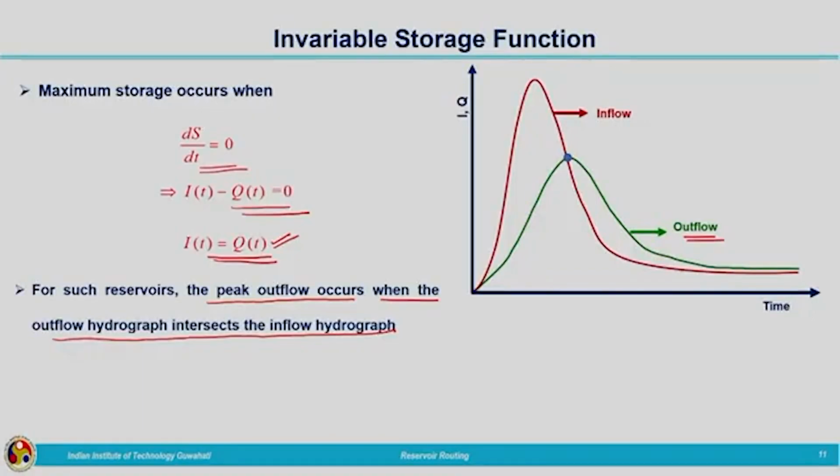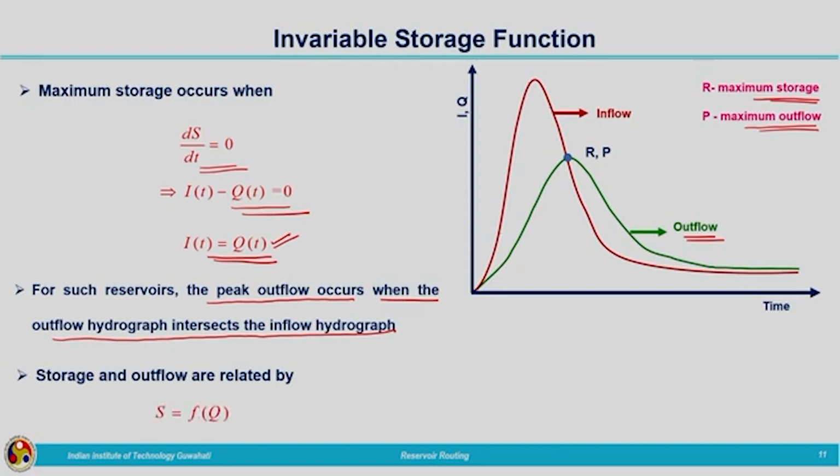That is represented by this point, and we know what is the point representing the maximum storage. It is the point of inflection, that is represented by R and P. R is the maximum storage, nothing but our point of inflection. It is the same as that of maximum outflow. From the outflow hydrograph, we can understand that it is representing the point corresponding to maximum outflow.